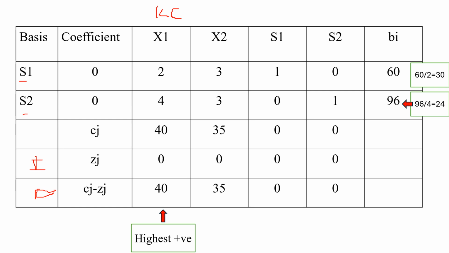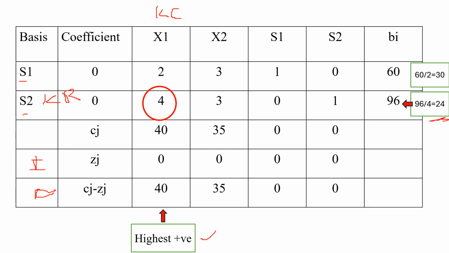Here, for identifying the key column, you take the highest value. For identifying the key row, you find the minimum value. Once you know that, the next one is the intersection point of the key row and key column, which is the key element.